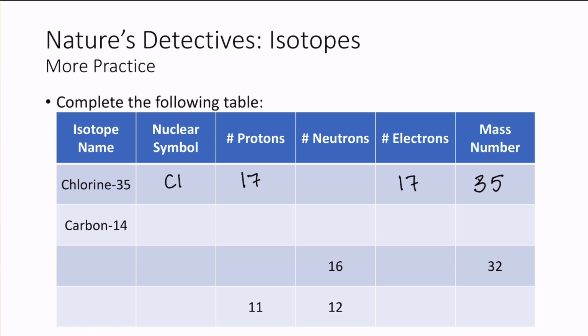So what do we get for that? Yep, that's what I get as well. We get 18. Now, if you complete the rest of the table and send it to me to check your answers, I will give you extra credit for the ones you get correct.